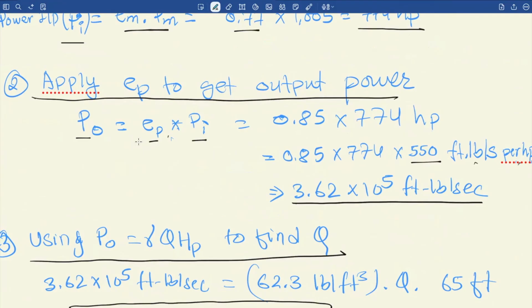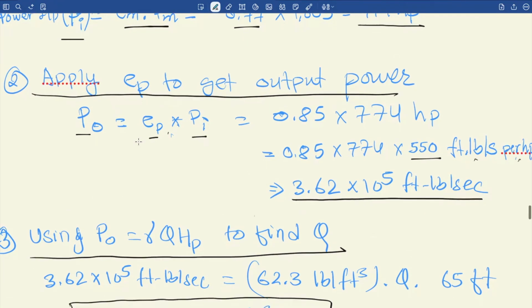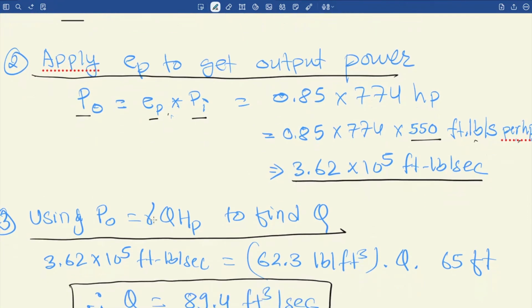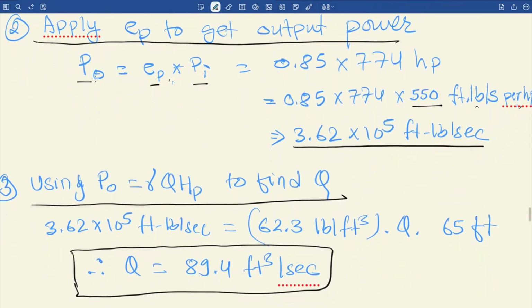So we just need to compute P naught, the power output, which is given by specific weight times flow rate times HP. Our P naught we just computed as 3.62 times 10 to the power 5 as power output. Our main intention is to find Q. We know the specific weight as well, and HP, which is 65 feet.